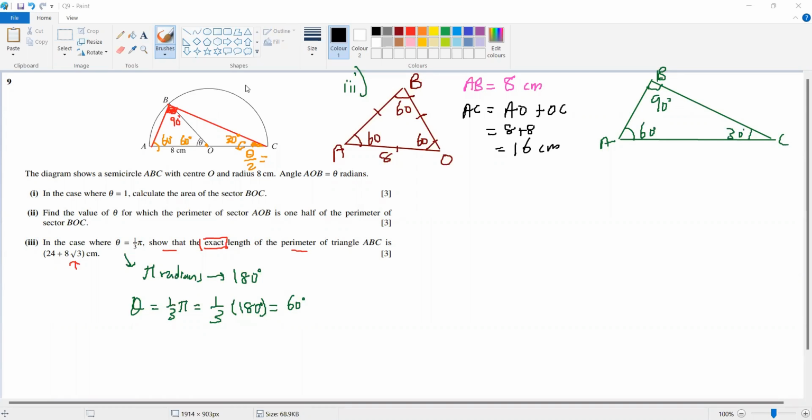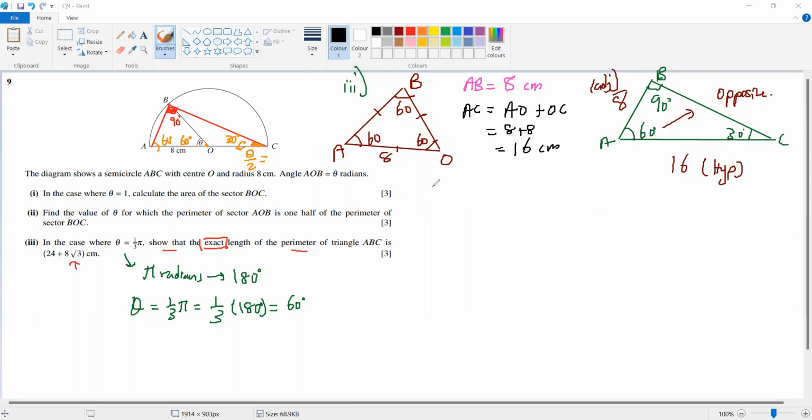Please take note, BC is opposite to the 60 degrees, and AB is 8, and AC is 16. This is the hypotenuse, and that's adjacent. So either one we can use.